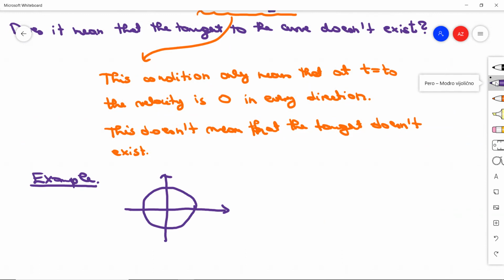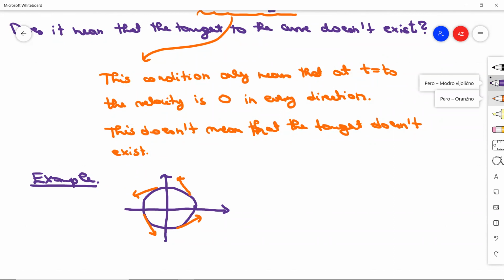Usually in analysis, nice means that it has derivatives in all points. Yeah, circle is a nice curve. We can calculate derivatives. It has tangents in every point. In fact, if we can calculate the derivative in one point, then it's the same for all points because the circle is symmetric.